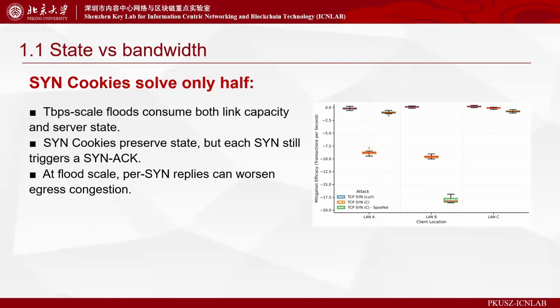SYN cookies address state exhaustion by encoding connection information in the SYN-ACK. But the reply remains: every incoming SYN still causes an outgoing SYN-ACK at the flood scale. Preserving state is therefore not enough, because per-SYN replies continue to consume the victim's ingress bandwidth.